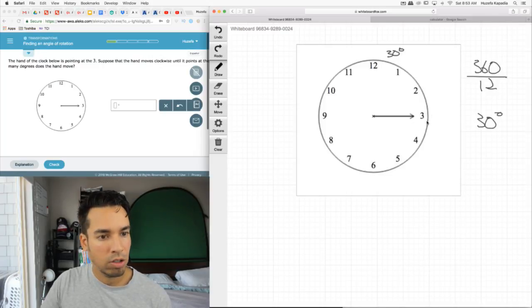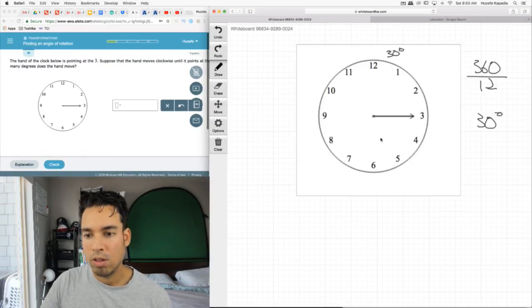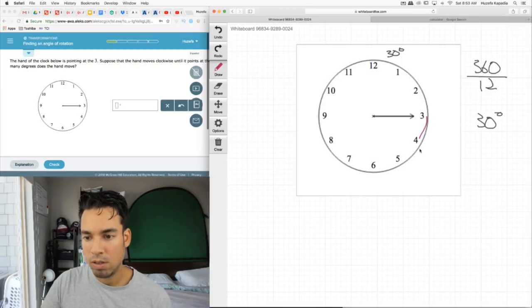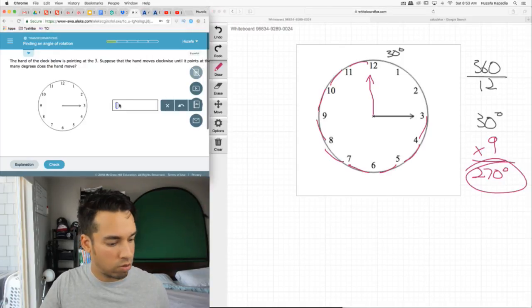So we're going until it points to the 12. It's going to go 1, 2, 3, 4, 5, 6, 7, 8, 9. So it's going to move 9 slots. Each slot is 30, multiplied by 9, and you get 270 degrees.